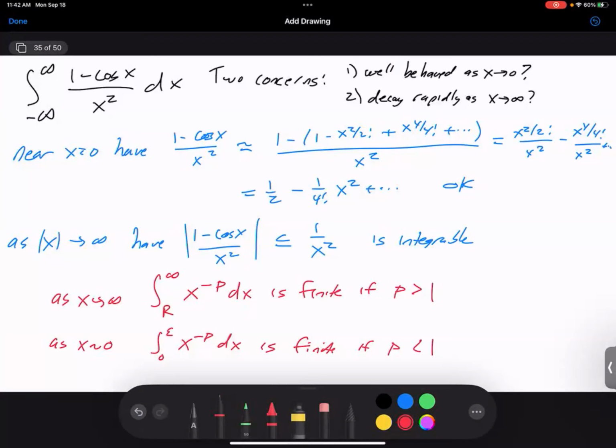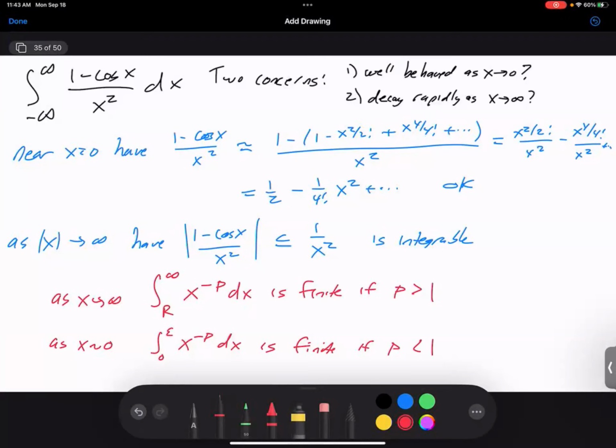So I think it's if p is less than 1. If p equals 1, it's going to blow up. If p is less than 1, then when you integrate, everything's going to be fine. But you always want to get a feel for when an integral is going to be well behaved or not.